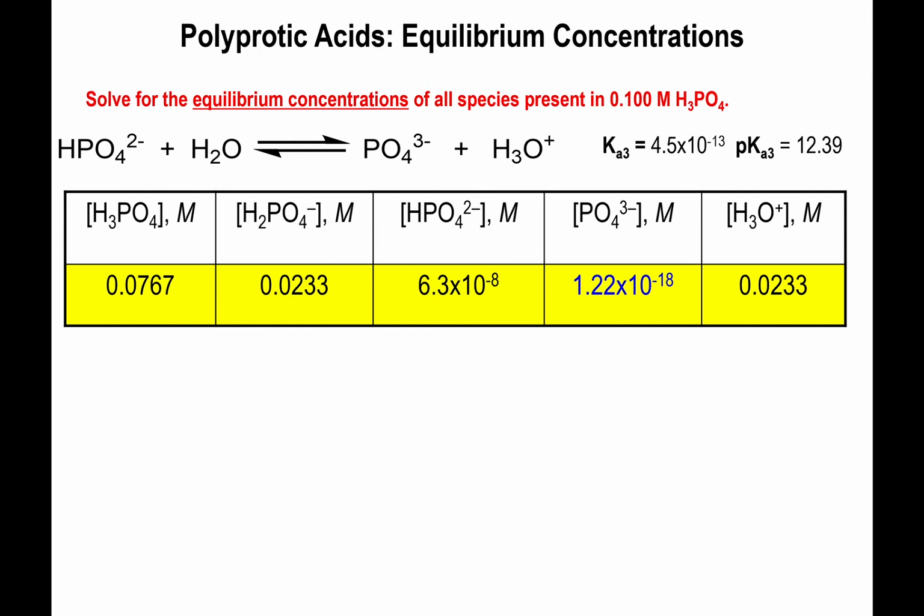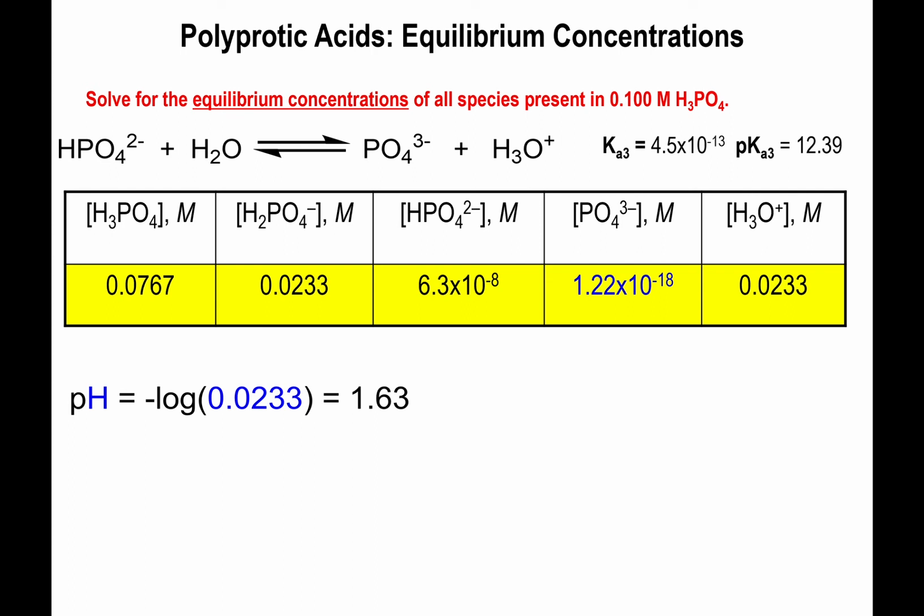But altogether, these will be the equilibrium concentrations: 0.0767 for the phosphoric acid concentration, 0.0233 for the dihydrogen phosphate concentration, 6.3 times 10 to the negative 8 for the hydrogen phosphate concentration, pretty much an insignificant amount of phosphate, and a concentration of hydronium of 0.0233, which ultimately means that the pH has to equal 1.63.